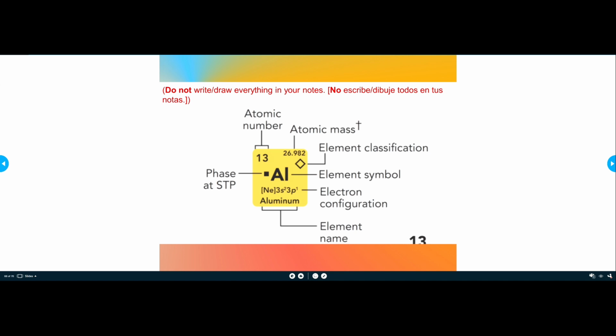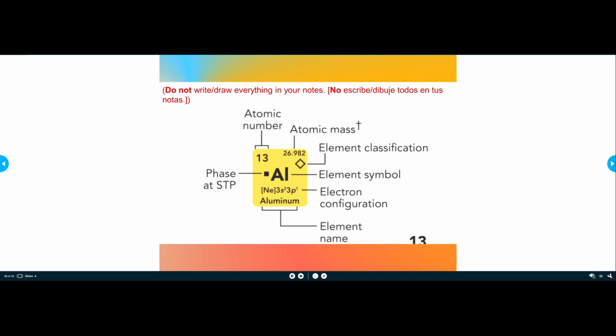In degrees Celsius, that's the same thing as 25 degrees Celsius, which is a little bit warmer than room temperature. The pressure for the standard pressure is essentially the pressure at the ocean or sea level. We typically call that 1 atmosphere or 760 millimeters of mercury if you read a barometer.